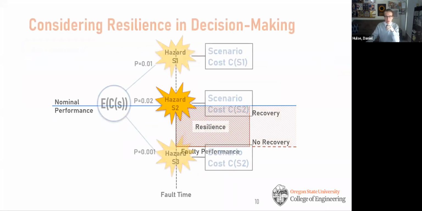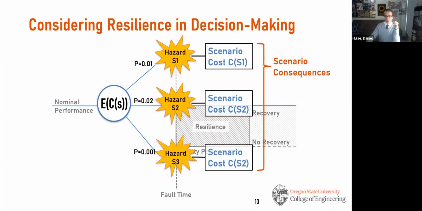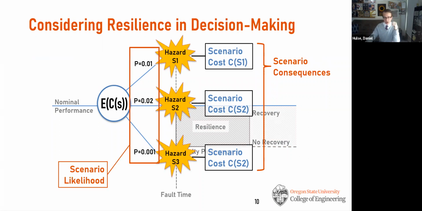And so in order to do that, what we came up with was developing an overall cost model for the set of scenarios that a system might encounter. So the idea being each of these resilience curves, we give some sort of cost function having to do with the consequences that occur in that scenario.